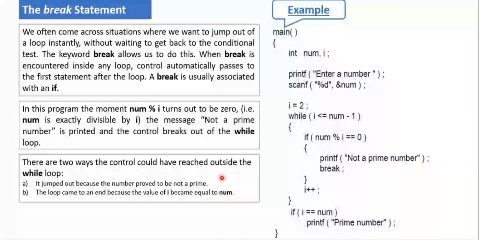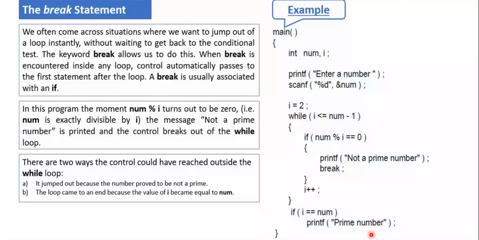That means the loop completes its repetition, the counter value exceeds the test condition, and hence it quits the loop and comes outside the body. At last it compares the value: if i is equal to num, then printf "prime number".